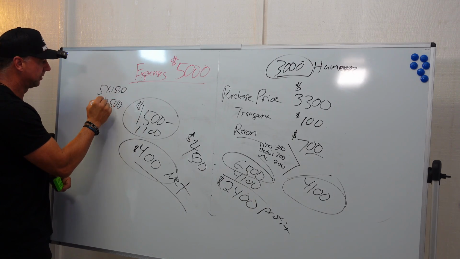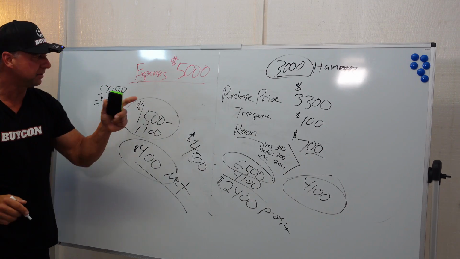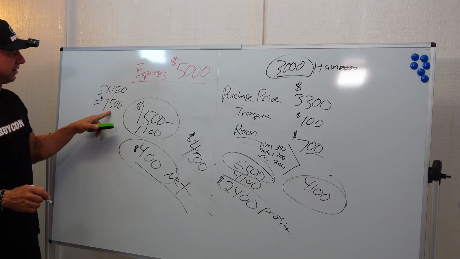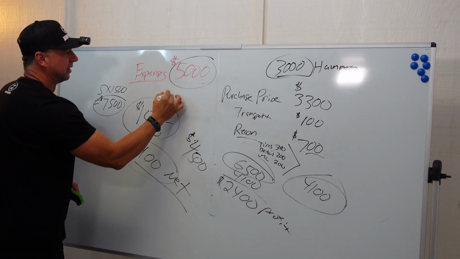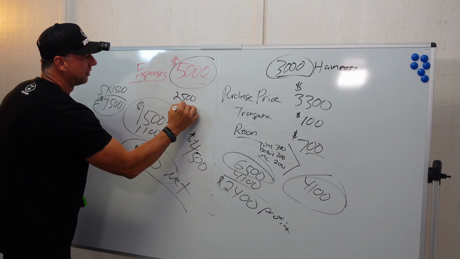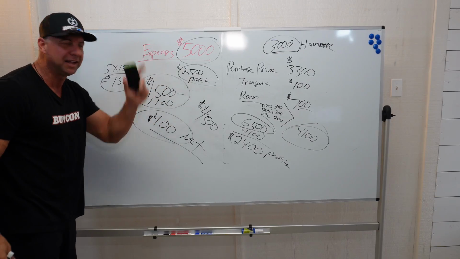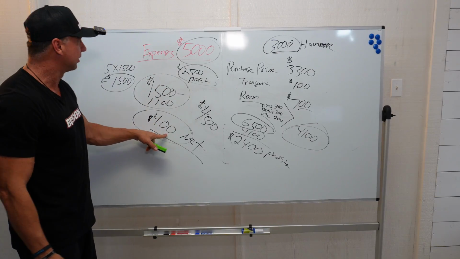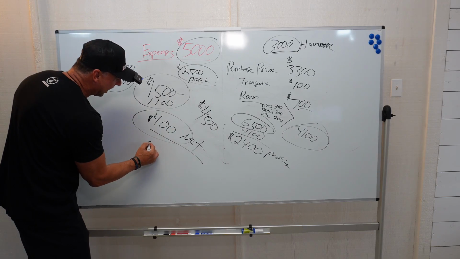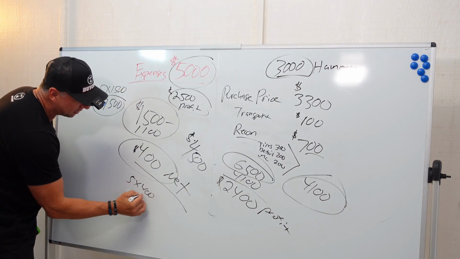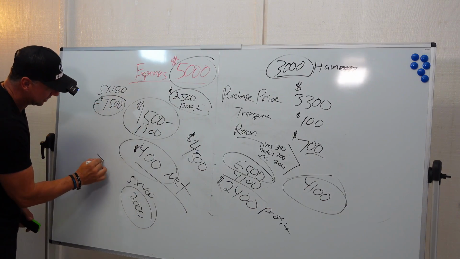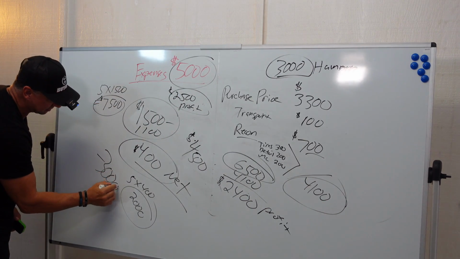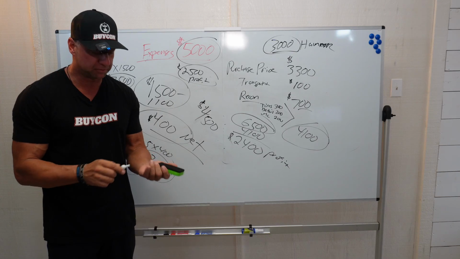Yeah, 7,500. So in my head, 5 cars times 1,500 is 7,500 minus $5,000. So I think I'm making 2,500 profit. In reality, when I only made 400 a car and I sold 5, 5 times 400 is 2,000. My expenses are 5. Now I'm minus $3,000. This is the problem, folks.